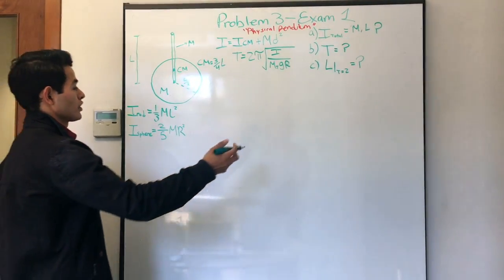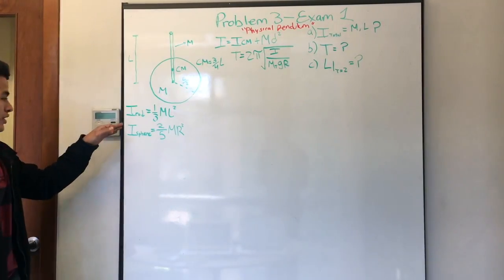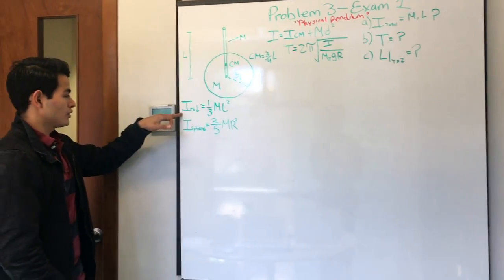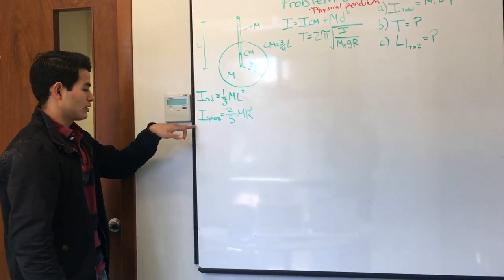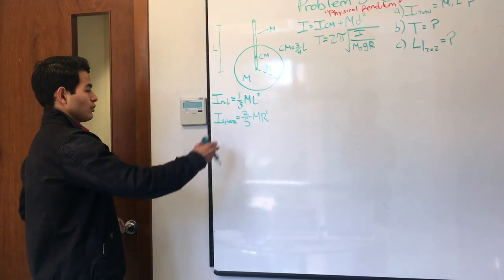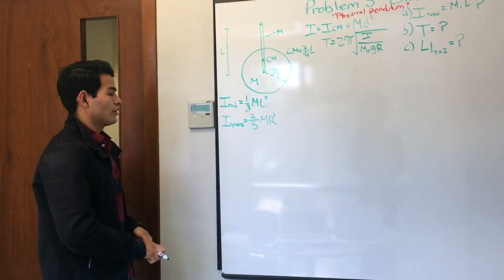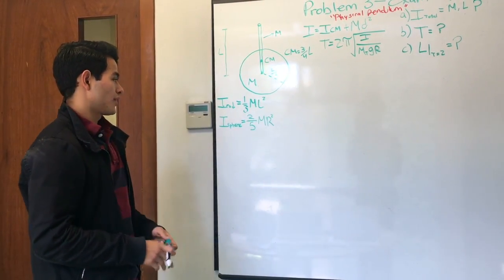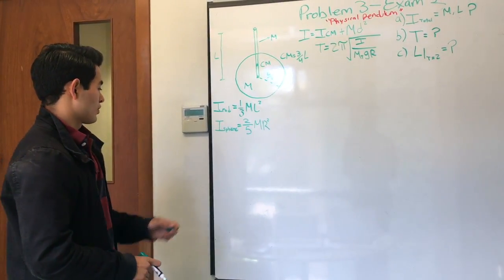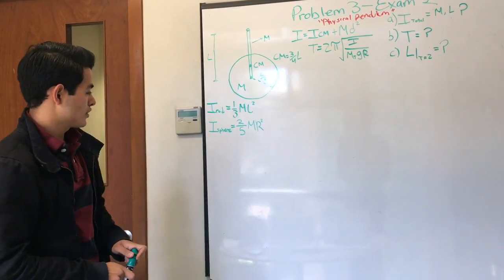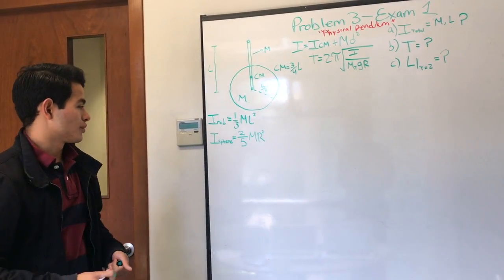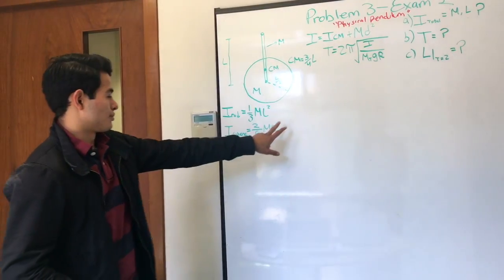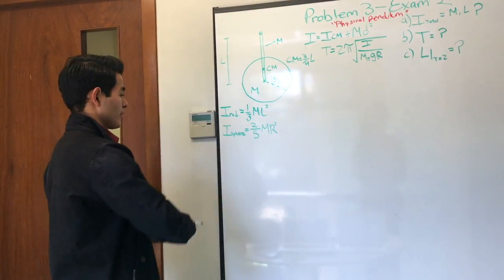So we are given the rotational inertia of the rod and of the sphere. The rod one is 1/3 of the mass times the squared length, and for the sphere it is 2/5 m times the squared radius.